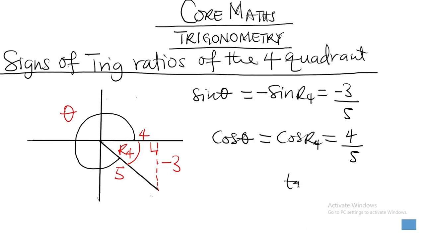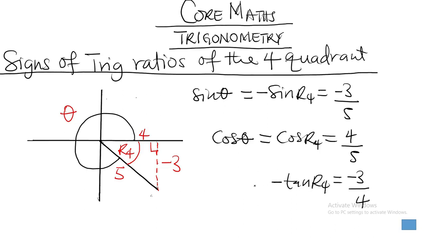Then finally, tan R4 is what? Opposite over what? Adjacent. So the opposite is -3. The adjacent is 4. So here, tan R4 is tan of an acute angle. It should be positive. So now that it is negative, it means that the tan R4 should be negated.